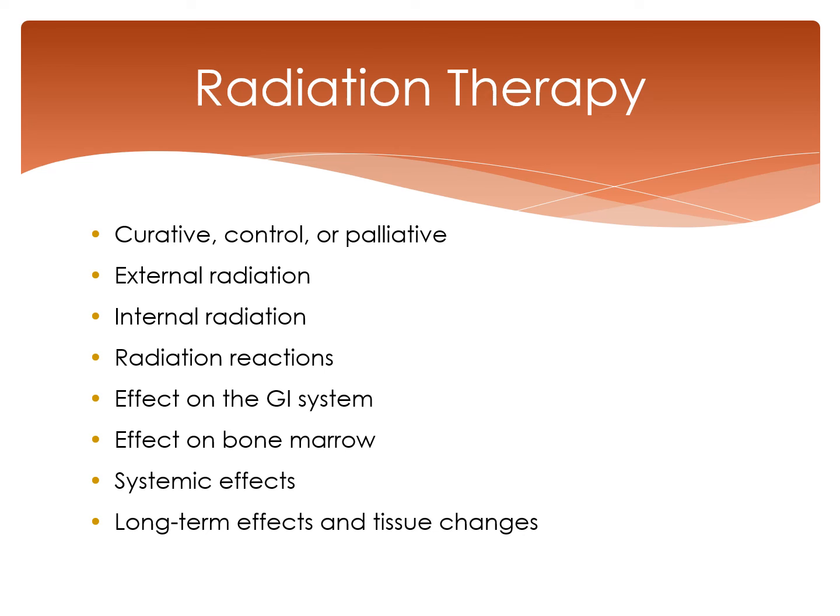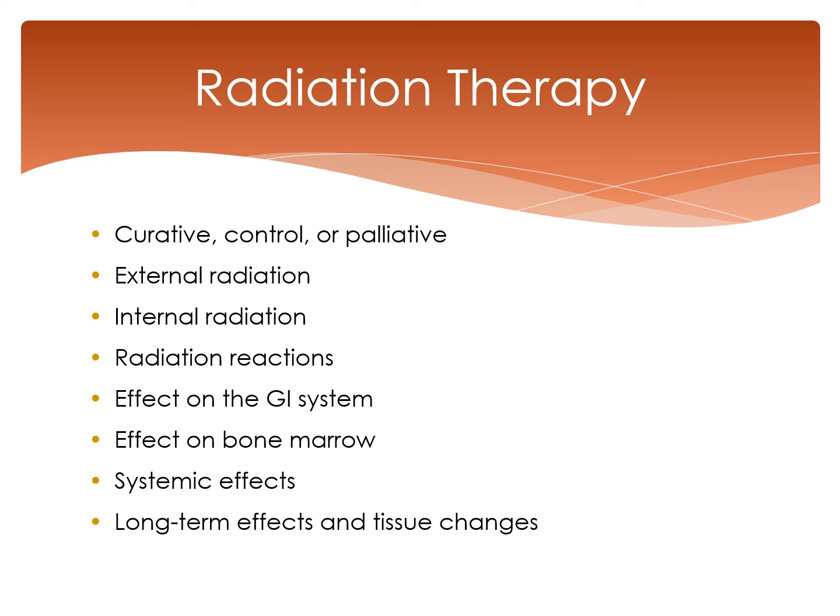Internal radiation is radioactive seeds or beads being swallowed by the patient or placed into a body cavity such as the vagina or abdomen. Radiation reactions include a loss of skin integrity, hair loss. Effects on the GI system include nausea and vomiting, anorexia, and diarrhea.